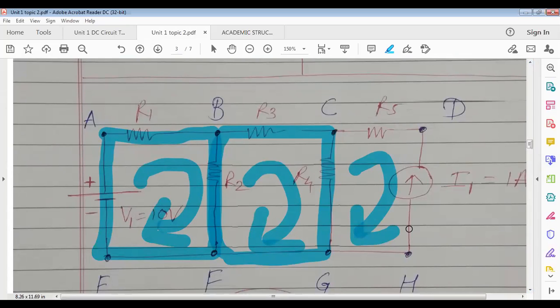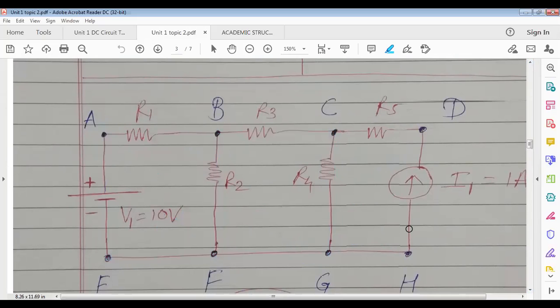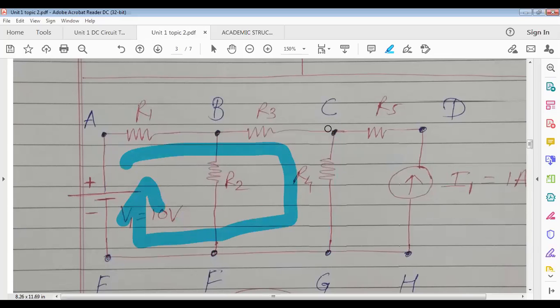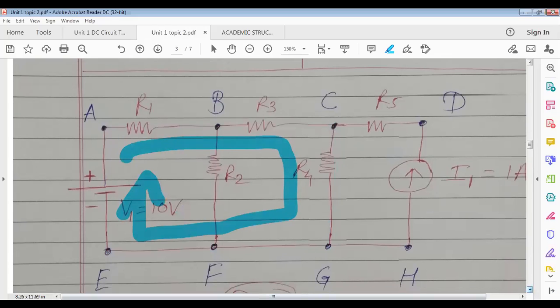Is there any other loop inside these small loops? No further loop inside them. But when I consider this larger loop, A, B, C, G, F, E, A, are there any further loops inside it?